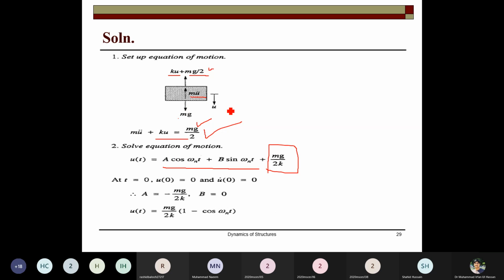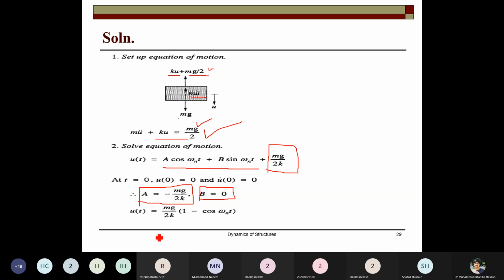We can apply the boundary conditions at time 0. The initial displacement is 0 and velocity is 0. So we can determine the value of A as minus mg over 2k. And when we differentiate it, we can determine the value of B, because B is equal to 0. So A and B are determined.